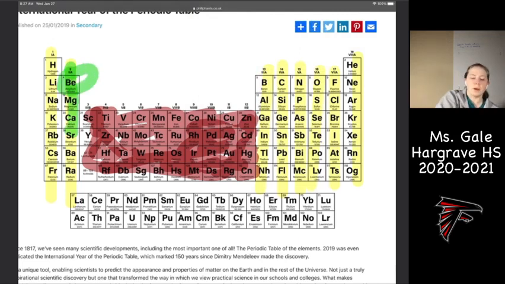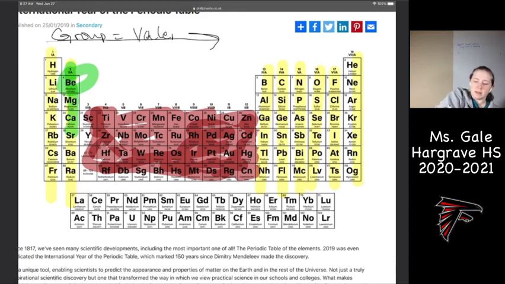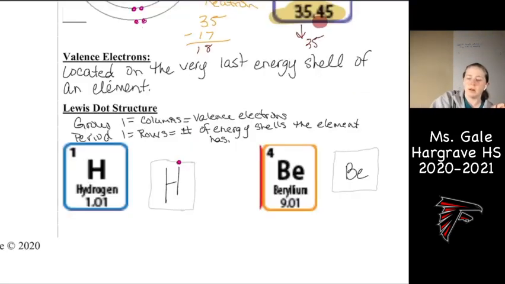Because our groups go from left to right, the group number equals our valence electrons. How many valence electrons does beryllium have? 2.